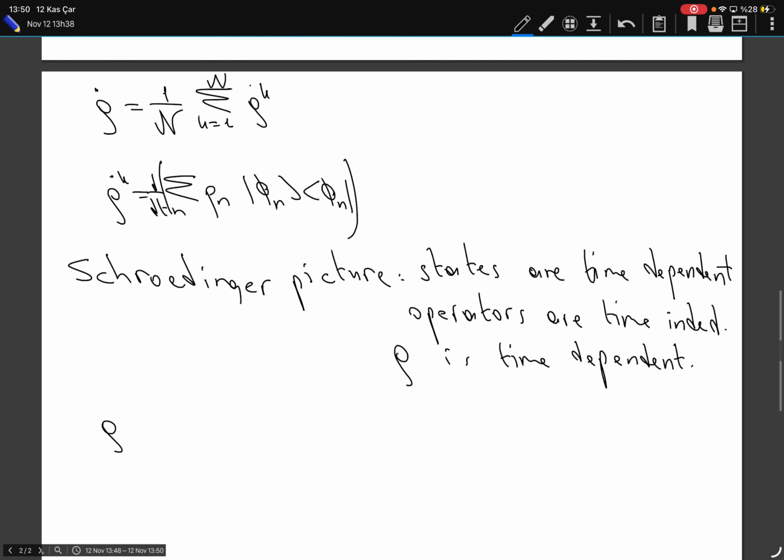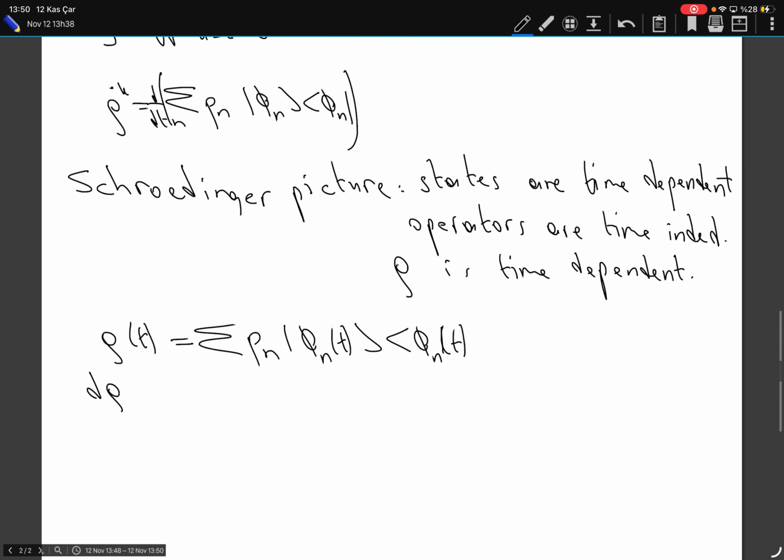So rho of t, let me drop the k, will be whatever probabilities I have created my system in, P_n |phi_n(t)><phi_n(t)|.